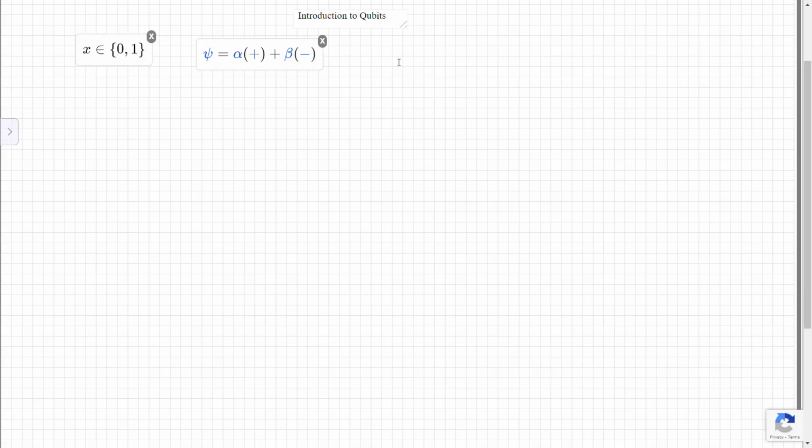In many textbooks you'll find the notation plus and minus, while in some other textbooks you'll find the notation 0 and 1. Generally, 0 and 1 is more natural because we are moving away from classical computers which were using 0 and 1. So let me just change it to 0 and 1, but it doesn't really matter what symbol you represent the state with.